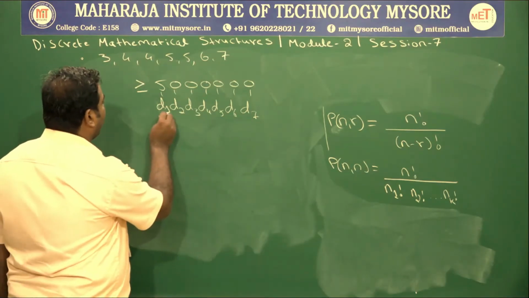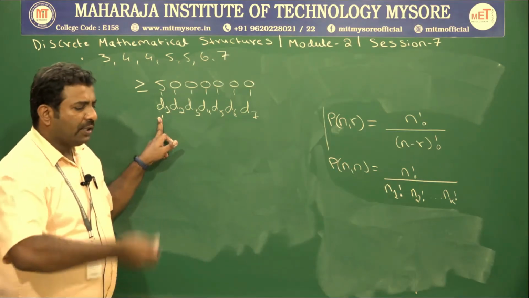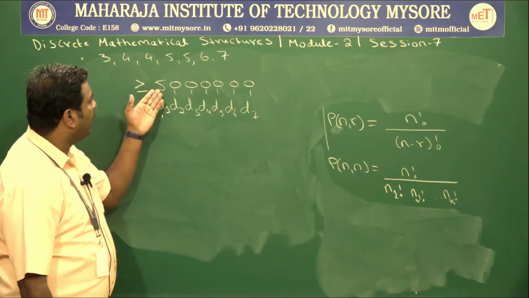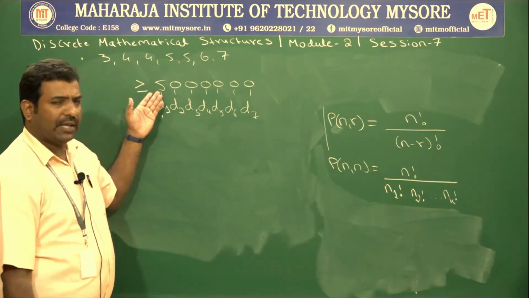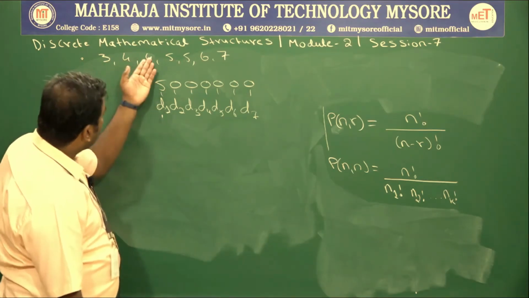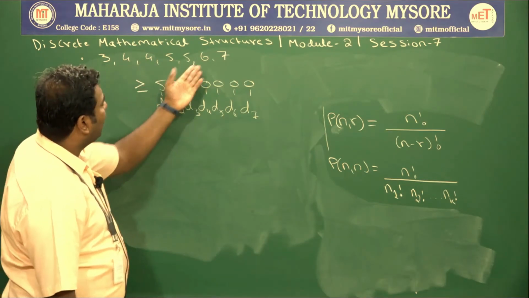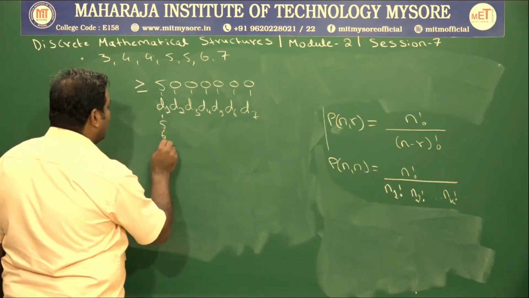Fine. So now just look at this. Now what can d1 be? Can d1 be 3? If it is 3, it is not going to stand at 50 lakhs. It is going to be starting from 30 lakhs. I cannot say d1 is going to be 3. The same case with 4. The only available cases are 5, 6 and 7.